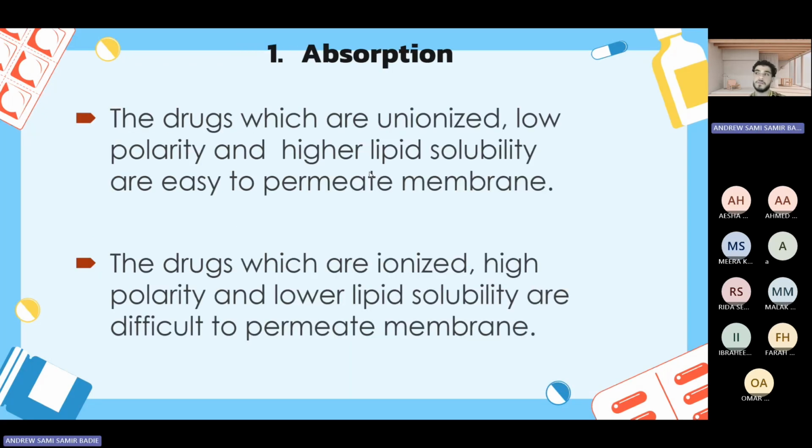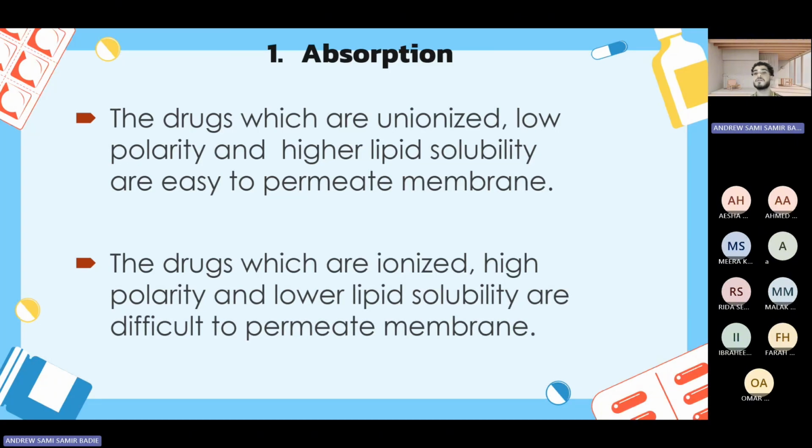The first step for any drug that goes into your body is absorption. Absorption is how it enters from whatever administration route into your blood. As a general rule for absorption, if the drug is unionized, so it's not an ion like a hydrogen ion or a chloride ion, it's a compound with low polarity and high lipid solubility.